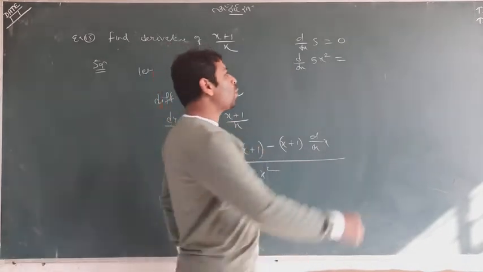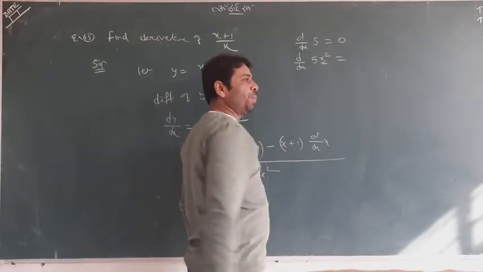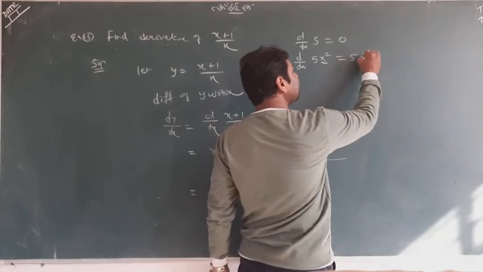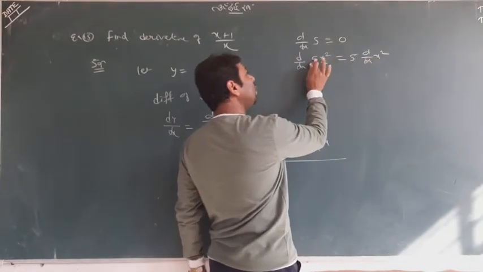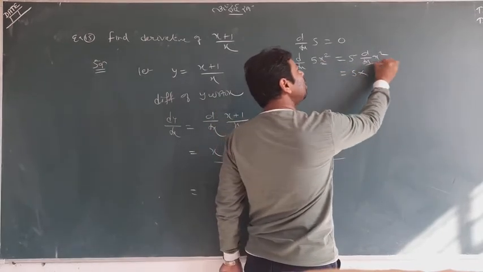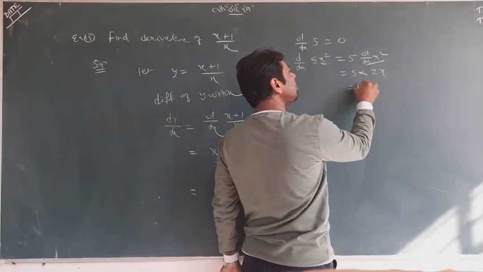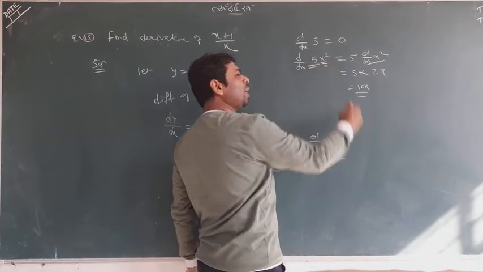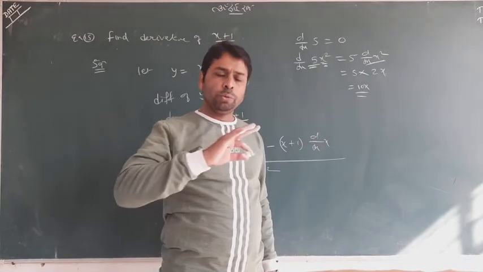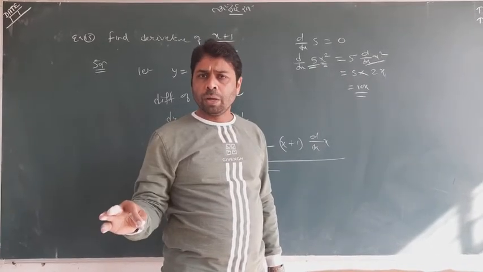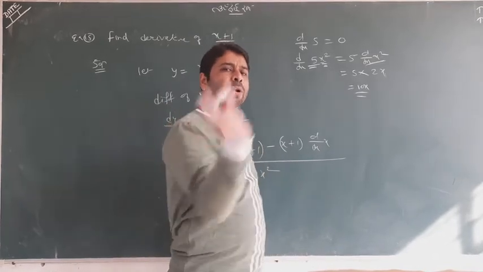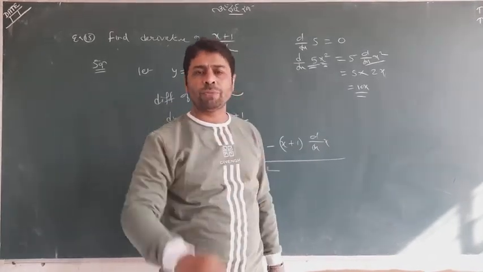A constant is coming with x now, so the constant will come as it is, outside, and d by dx of x square is remaining. 5 into d by dx of x square is 2x. The answer is 10x. So when a constant is coming with x in multiplication or division, don't use the multiplication law. You only take 5 outside and only differentiate the term of x.